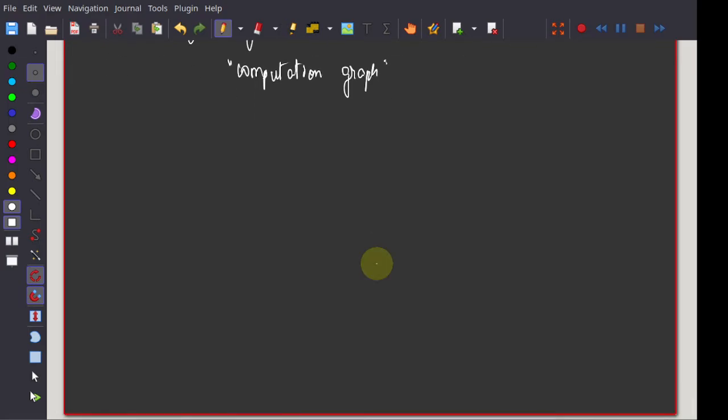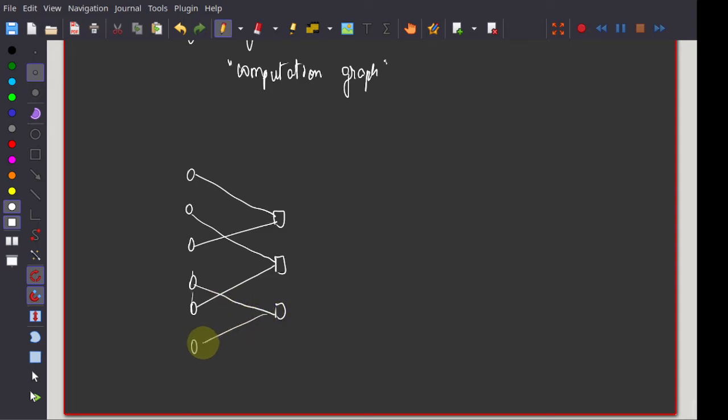So let's pick an LDPC code. Let's fix one particular example. Let's say that I have this particular LDPC code over here.